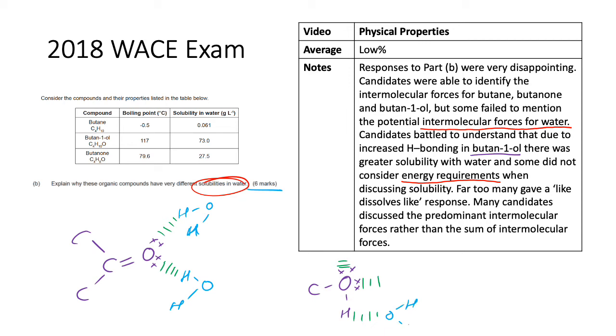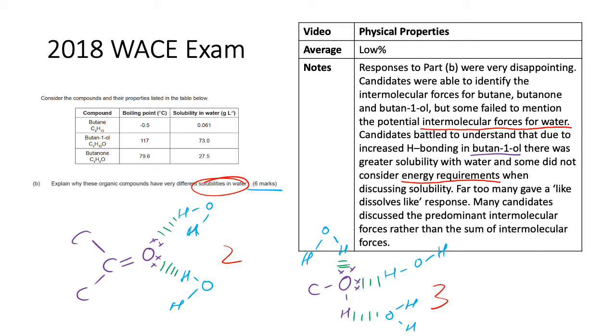This one happens to be reversed, but then these two are the same. Here's another water molecule. Because this one has 3 and this one only has 2, it's going to have a greater solubility in water because it's producing more energy and therefore can dissolve better in the water.